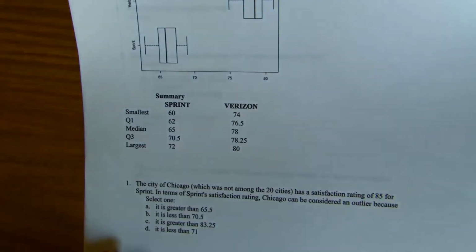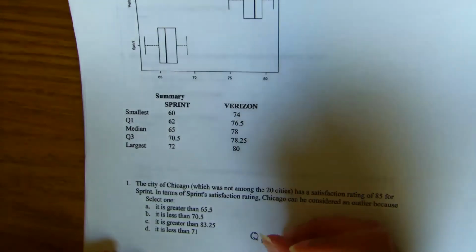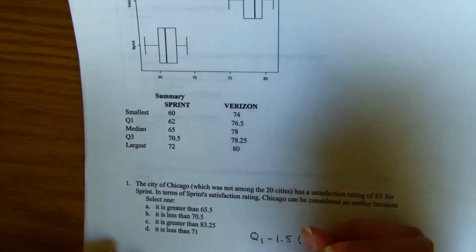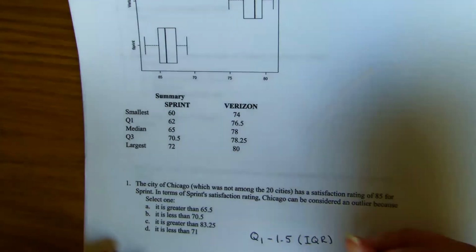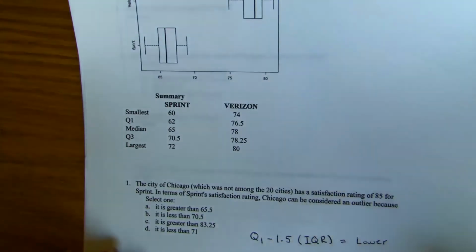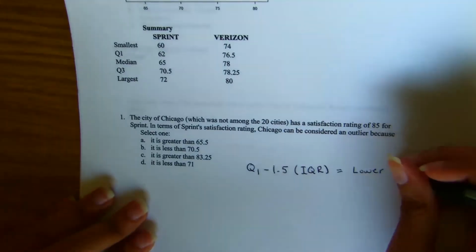We can have two outliers by calculating the lower and upper limit. To calculate the lower limit, you would do Q1 minus 1.5 times the interquartile range. This is going to give you the lower limit.